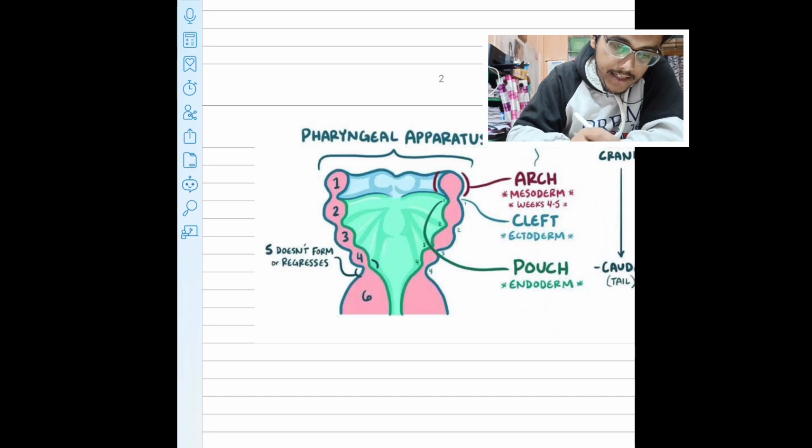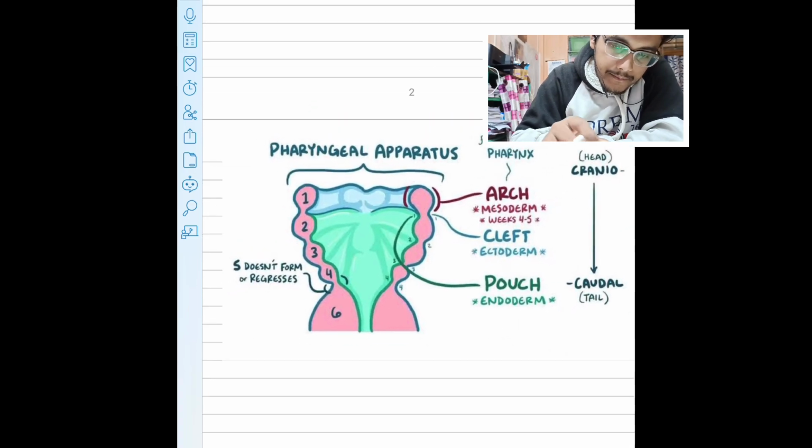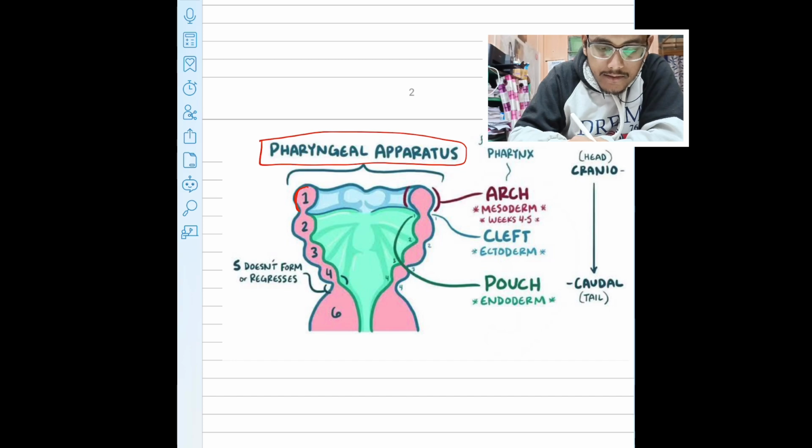You can see here one picture, taken from the internet, of the pharyngeal apparatus. You can see this is the first pharyngeal arch. Actually, in our development we have three primitive developmental tissues.